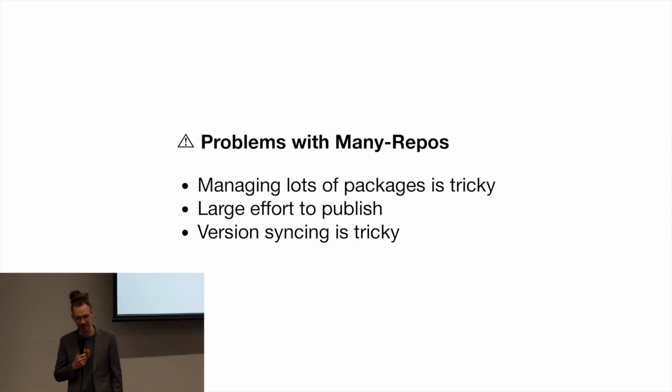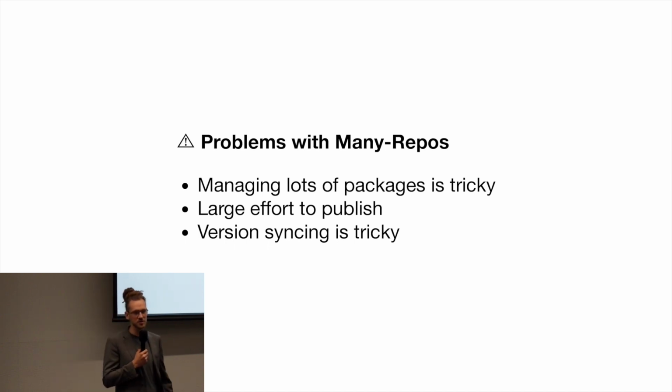Really, really painful. Version syncing is tricky. This can be helped a bit with semver ranges, but that gets negated with yarn lock files or package-lock JSONs, where it locks to a very specific version, even though you specified a semver range in your package.json. So there are pain points here.